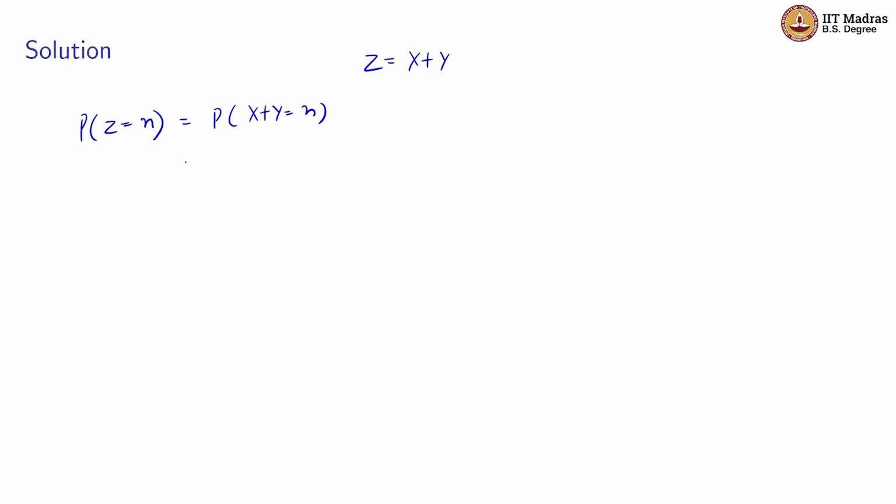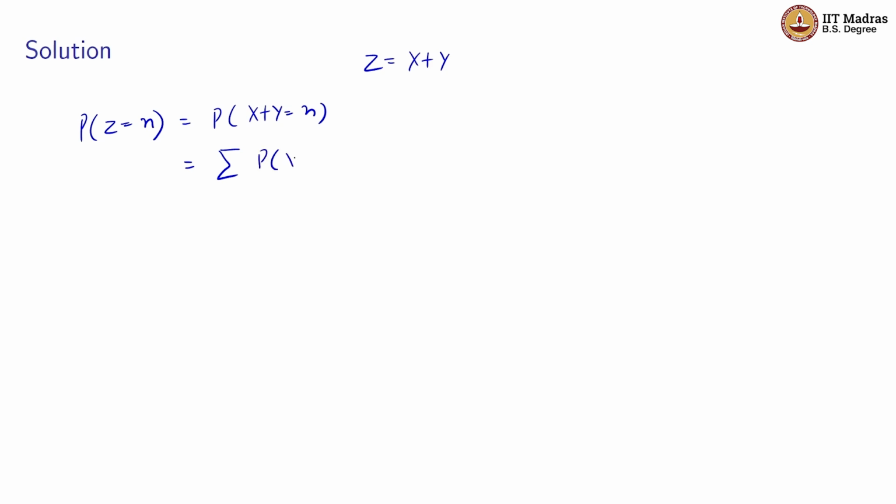Now for finding the probability that x plus y is equal to n, we have to sum the probabilities of all possible xy pair for which sum of x and y is equal to n. So the probability that x plus y is equal to n will be equal to summation of all such joint probabilities where x plus y is equal to n.